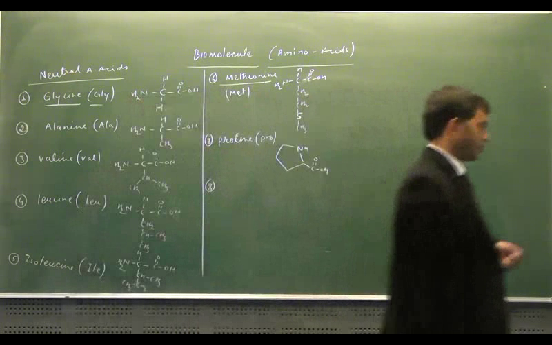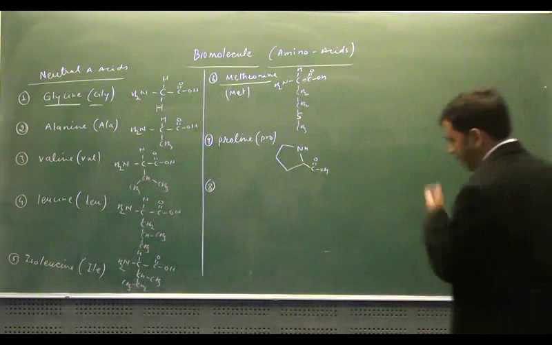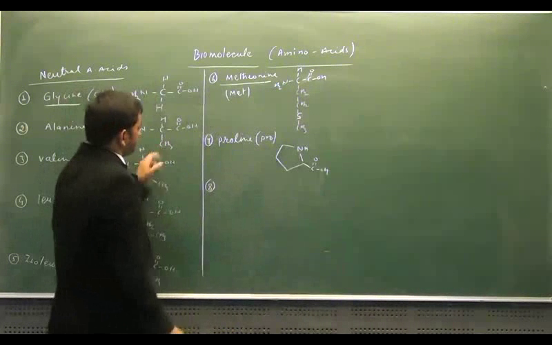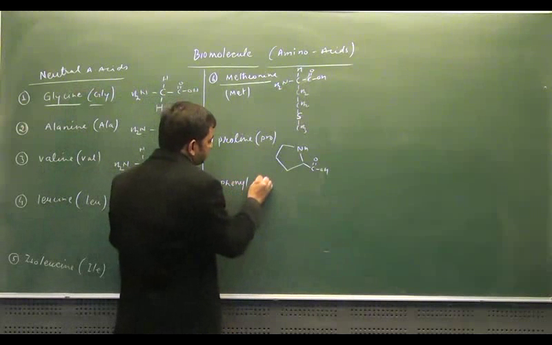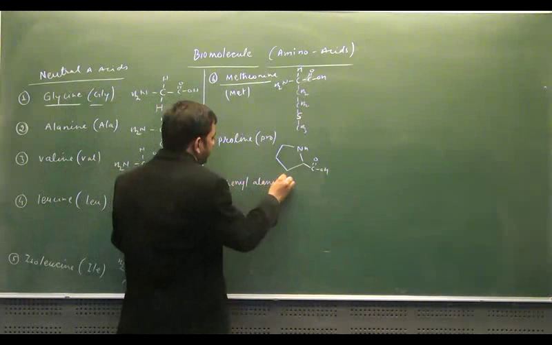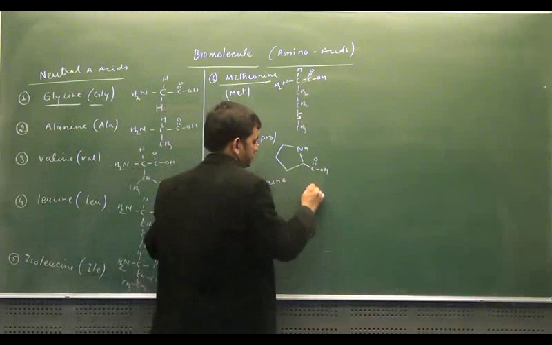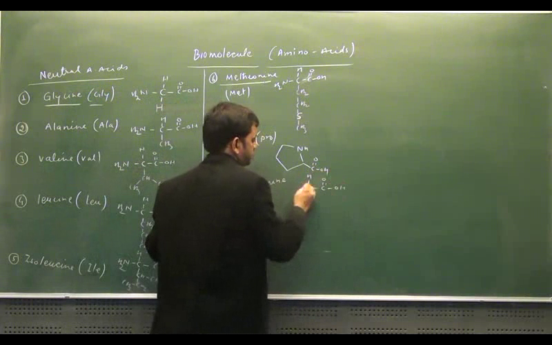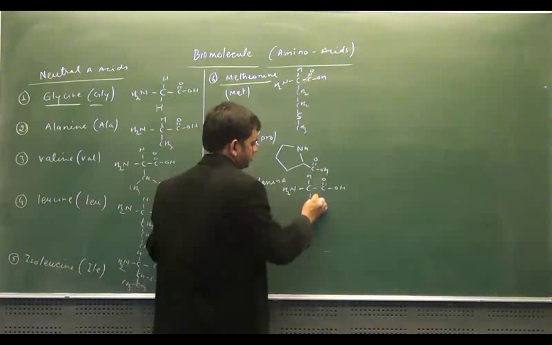Number 8, phenylalanine. This is alanine. If it is attached with Ph, it is converted to phenylalanine. CHCOOH, NH2. Side chain it is CH2Ph, phenylalanine.